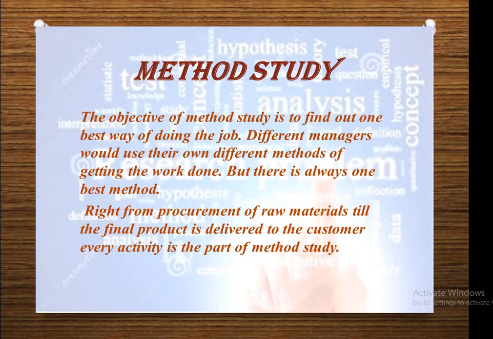The method which involves minimum cost and fuller utilization of resources is considered as the best method of production. I hope time study, motion study, fatigue study, and method study is clear to you.